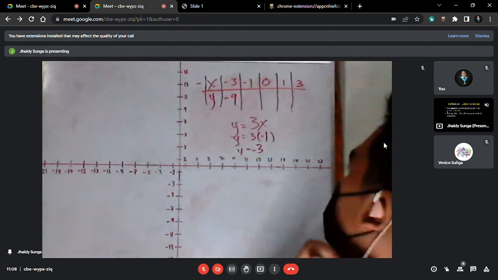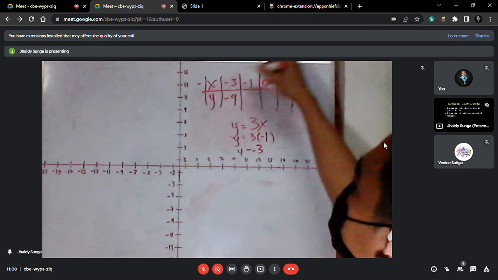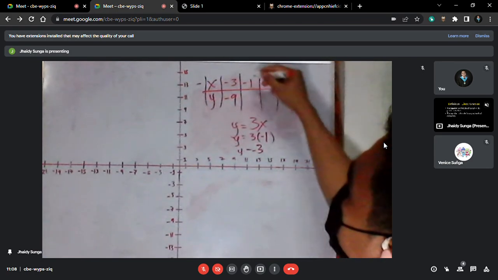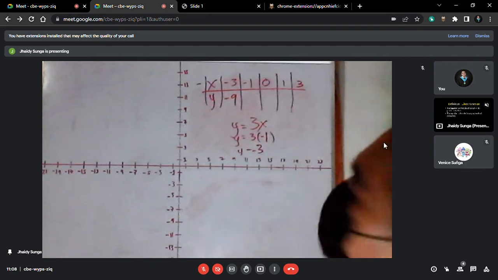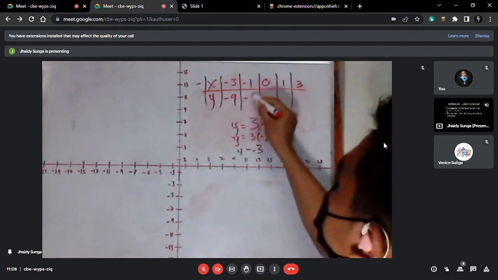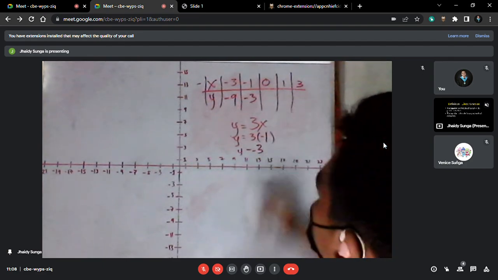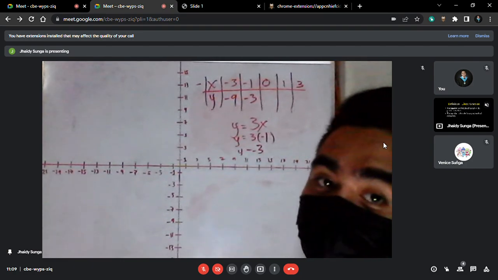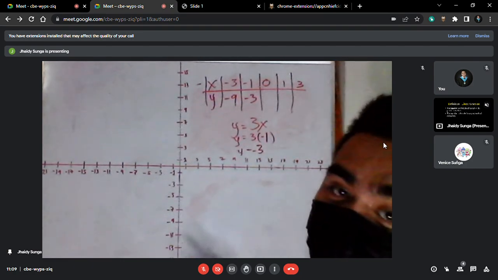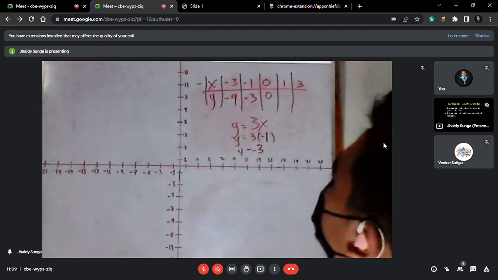Now we are going to substitute negative 1 to the value of x. Therefore, we are going to have negative 3. Okay? So what if 0? Of course, if we substitute 0 to x, whatever you multiply by 0 is always 0.